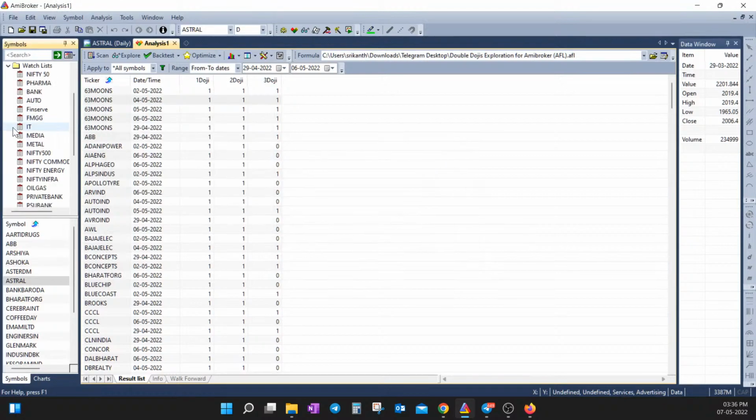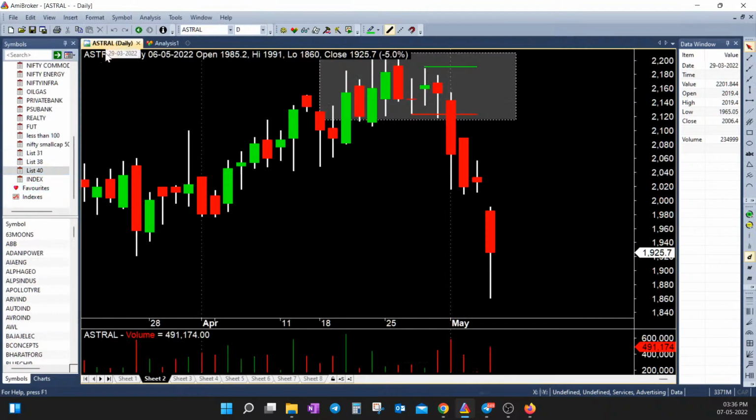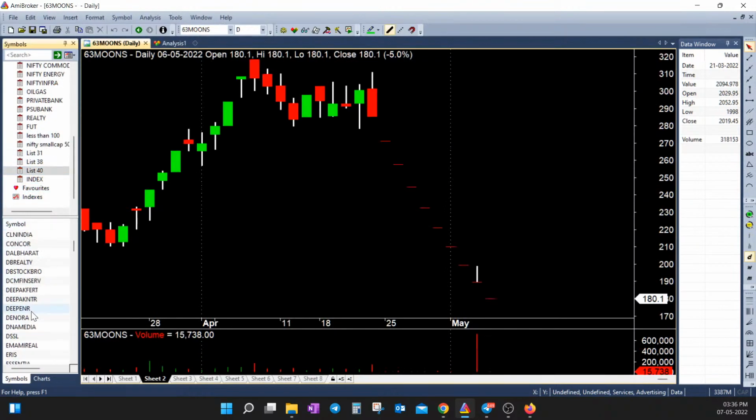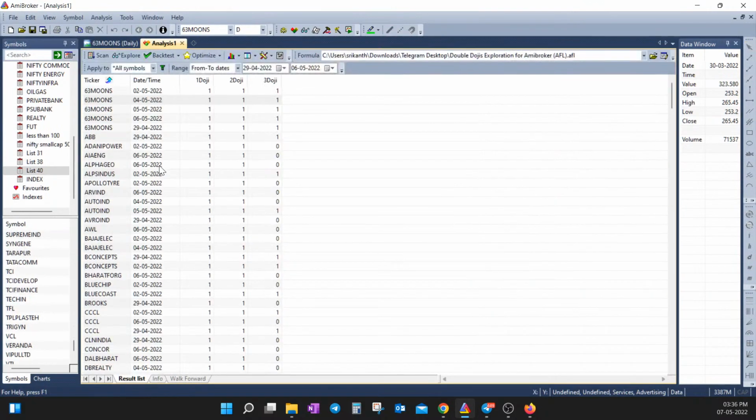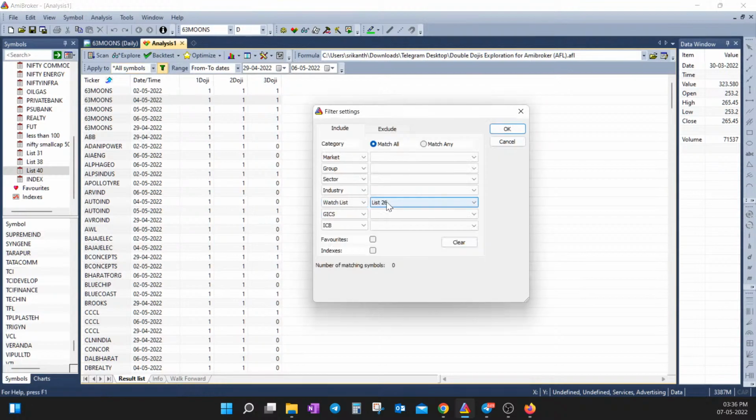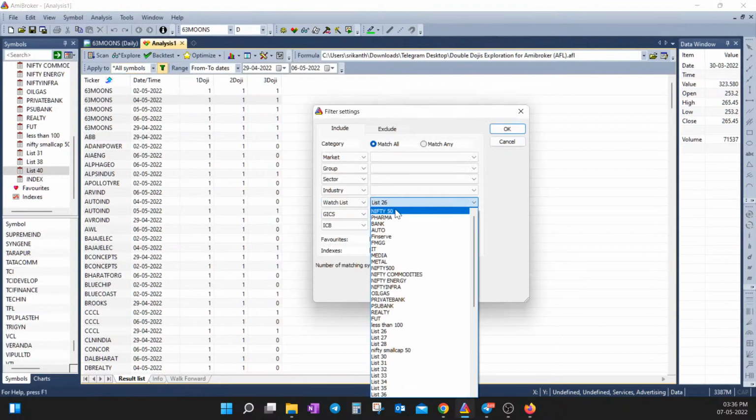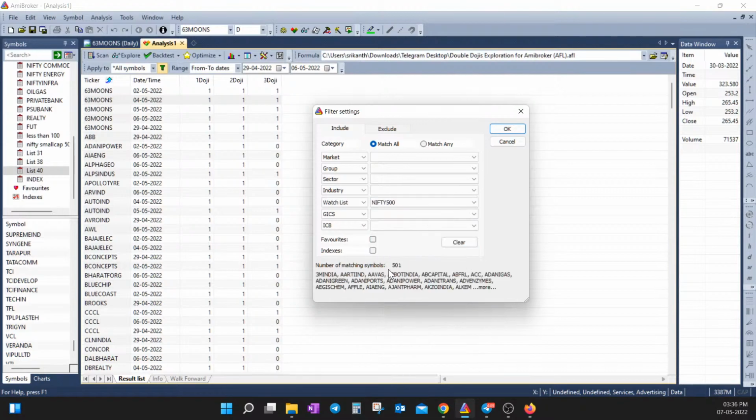So these are all the double doji scripts which I have got from the analysis. Okay, I have selected all symbols also. I can filter it out for Nifty 50 and Nifty 500 also. Let me take only Nifty 500.